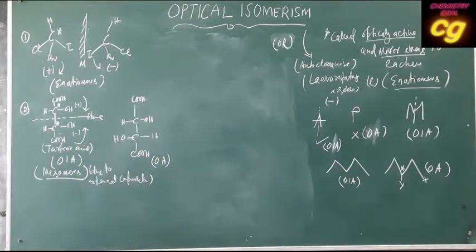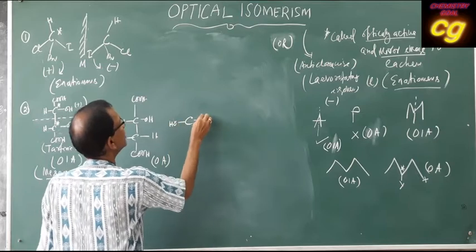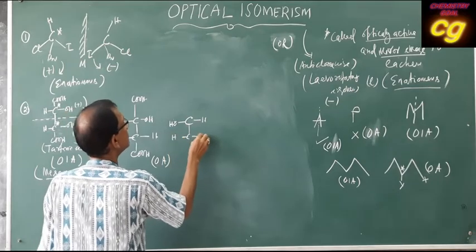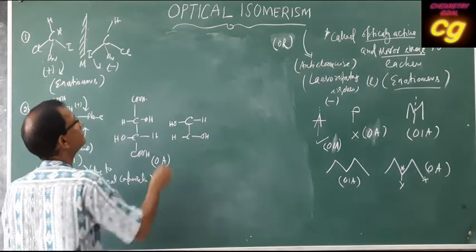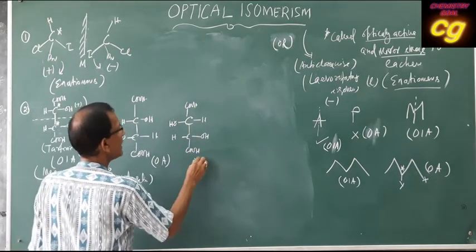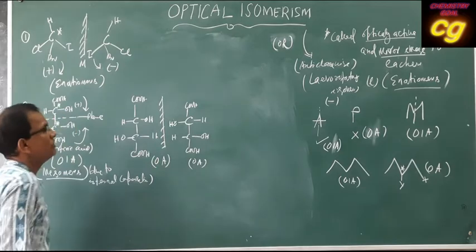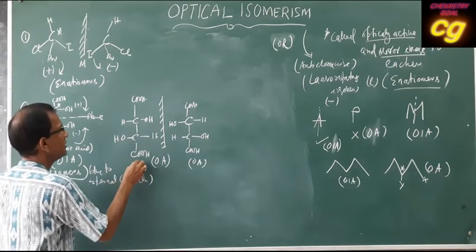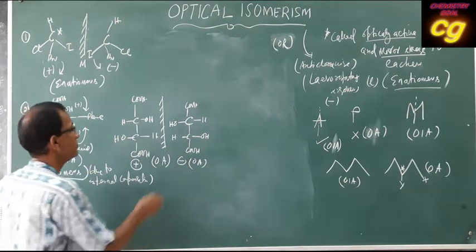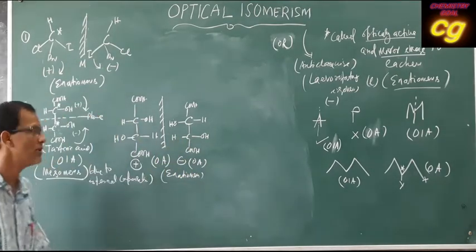So as it is optically active, if you write another form, suppose OH, H, H, OH, it is also optically active, but these two isomers are mirror images. So if this is plus, the other will be minus because of the mirror image. This is called enantiomers: optically active and mirror image.